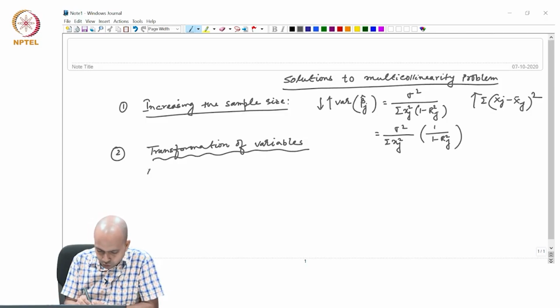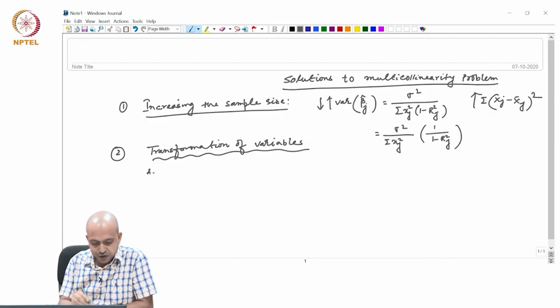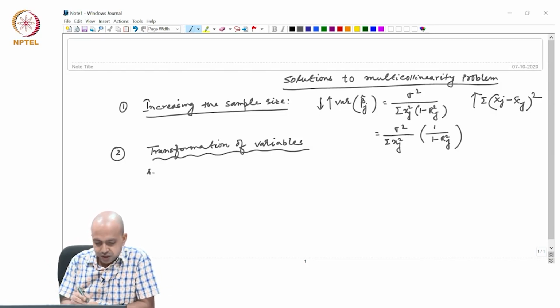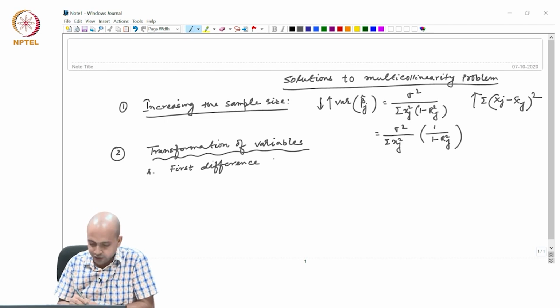And here we will first discuss two things. Within the transformation of variable, this is 2a, which says that you can reduce the severity by taking the first difference. First difference. How? We will explain.